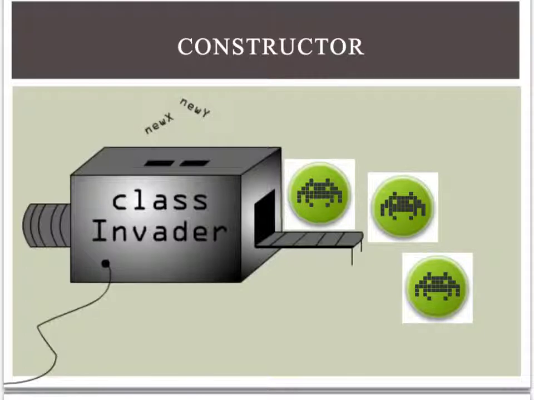Stepping back to the constructor, I think it's important to think of the constructor almost like a factory for spitting out invaders. The function itself takes an x and a y coordinate, and that's part of the data that we need to be able to spit out lots of invaders at once. So we can't build an invader without knowing its location on screen. Probably a good idea in this case.